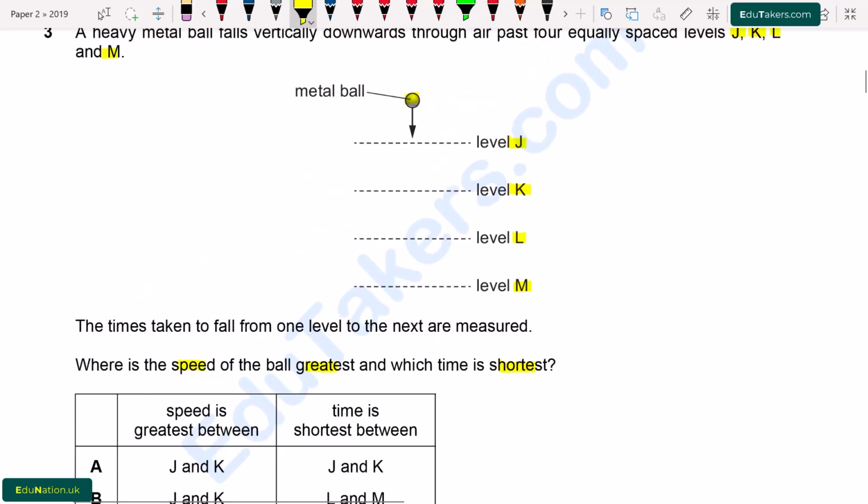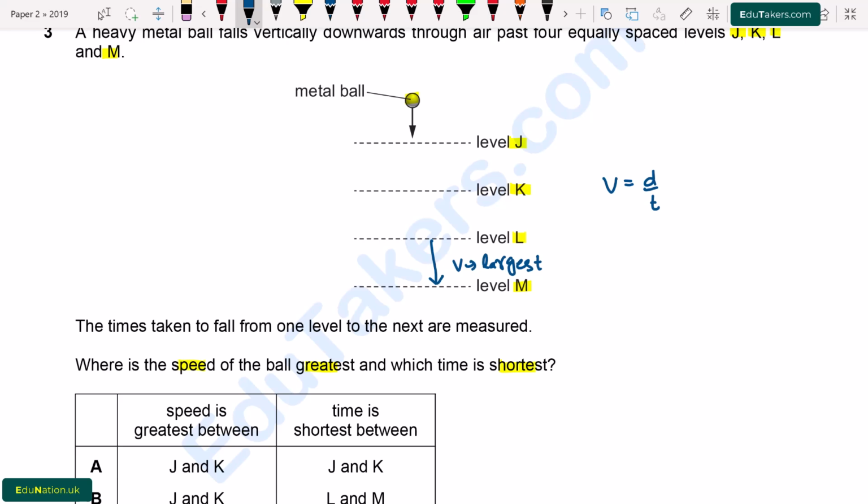So first of all, when the ball falls vertically downwards, its speed goes on increasing. At the end, from level L to M, the speed is largest. We know that speed is distance over time. When the speed is larger, it means that the body covers a large distance in a small interval of time.